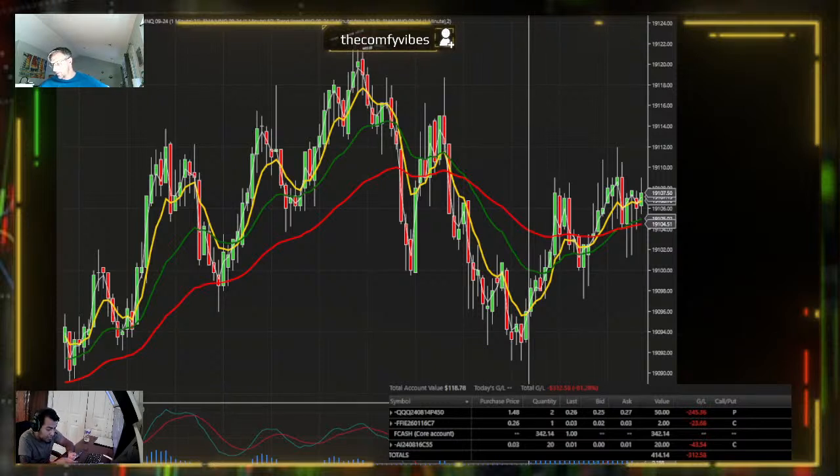I've seen it do it plenty of times. Whenever it drops aggressively like that, it does seem like it hits those levels, and there's a big run up afterwards. So I want to catch those big runs.